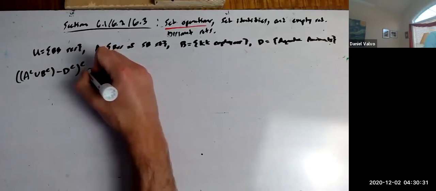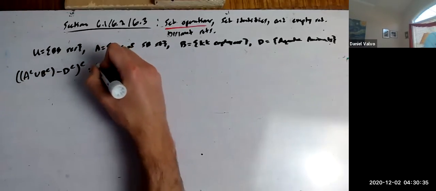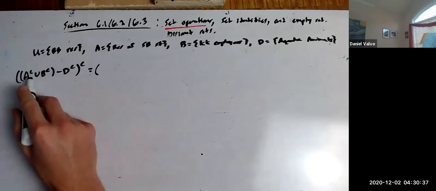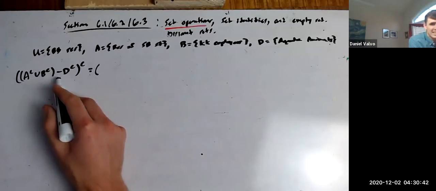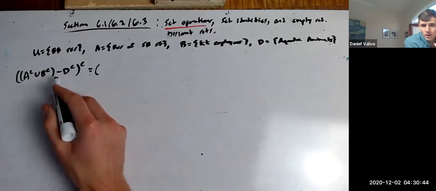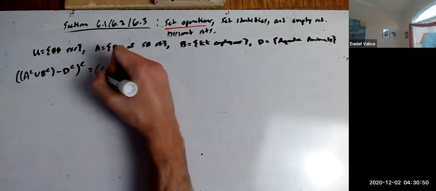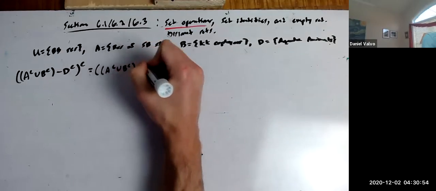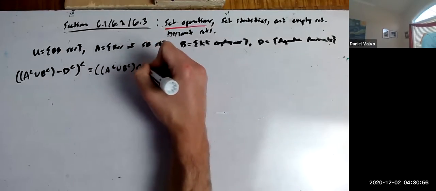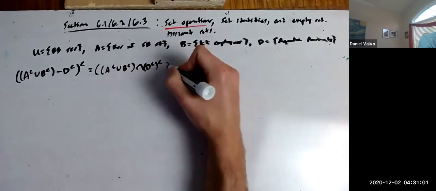So the first thing I'm going to do is recall that if you do a set difference, that's the same as intersecting with the complement. This is by number 12, the set difference law. This is going to be A complement union B complement, intersection, not what you're subtracting.